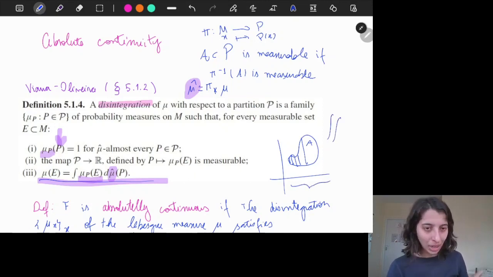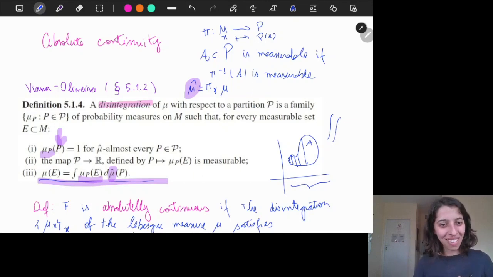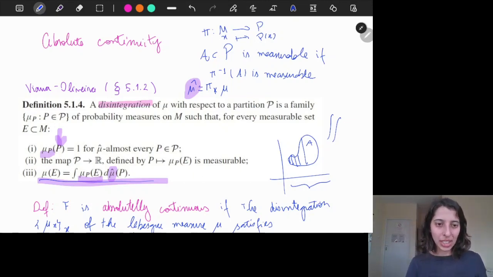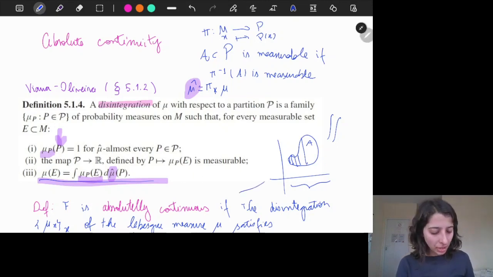This is given by a double integral. So this definition of a system of conditional measures is a way of generalizing this concept of Fubini's theorem to an abstract measurable space.